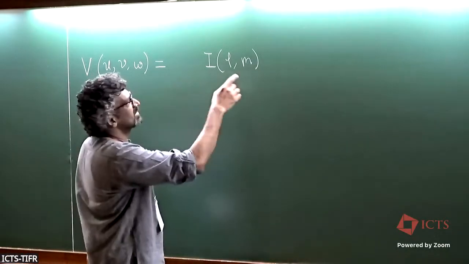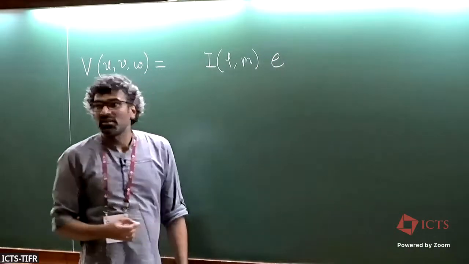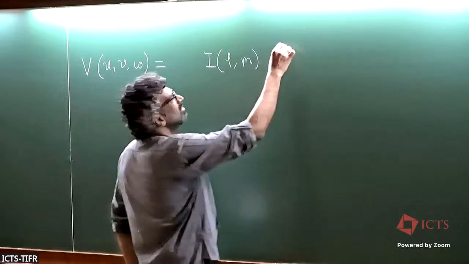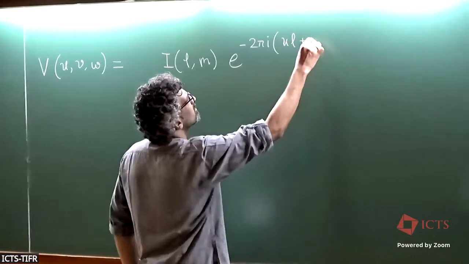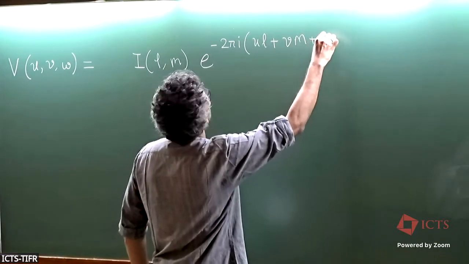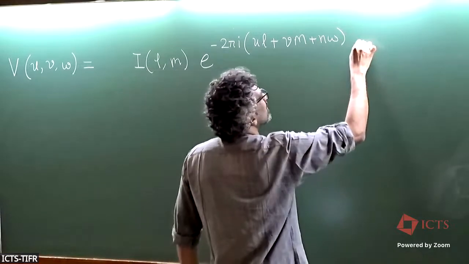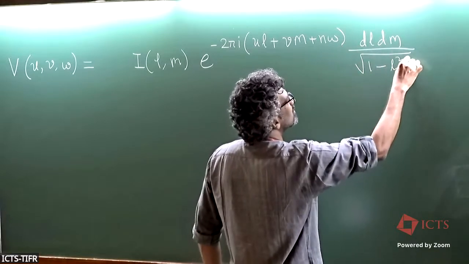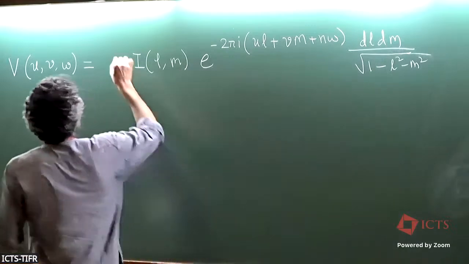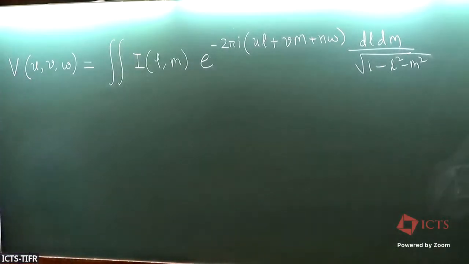It's related through this approximate Fourier transform relation, which we have seen: V equals the integral of I times e to the power minus 2 pi i (u l plus v m plus n w) dl dm, integrated over l and m.